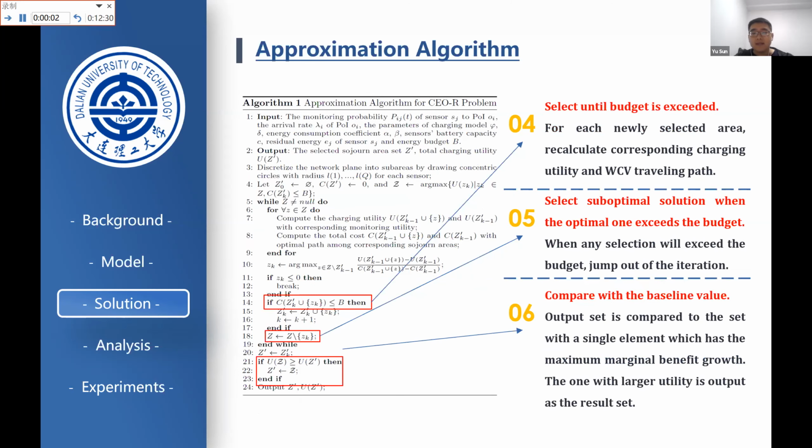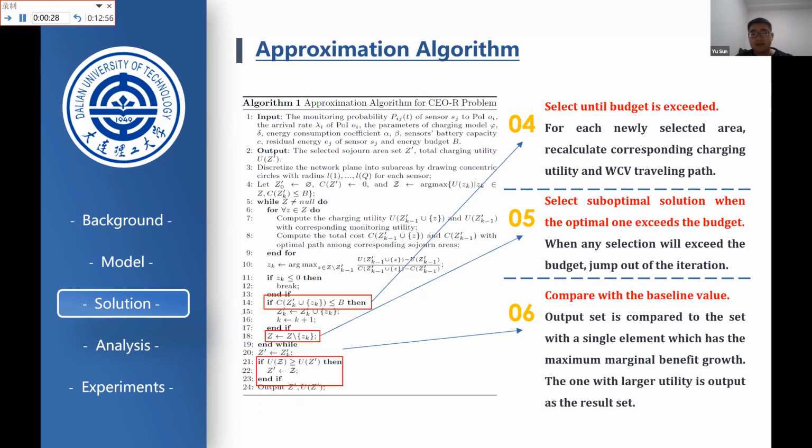Then we select the sub-areas until the energy budget is exceeded. For each newly added sub-area, we recalculate the corresponding charging utility and the corresponding traveling path for the WCV. If the optimal area we select exceeds the budget, then we select the suboptimal solution instead.